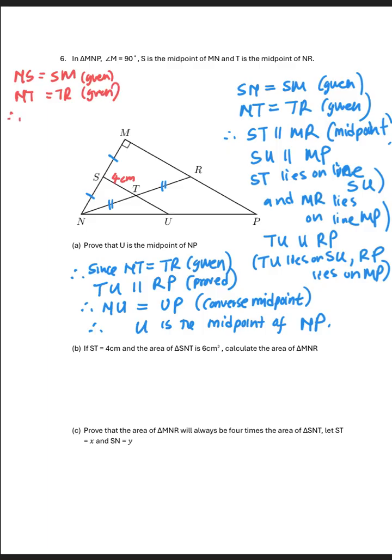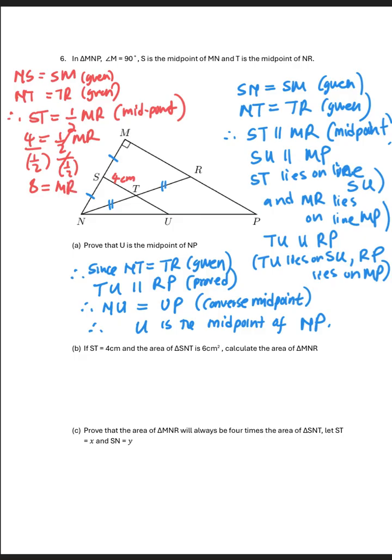Therefore, I claim that ST is 1 over 2 MR. Reason, midpoint. Therefore, since ST is 4, and we want MR, we can just divide both sides by 1 over 2. And then MR is going to be 8 centimeters. So it means we have 8 centimeters here.